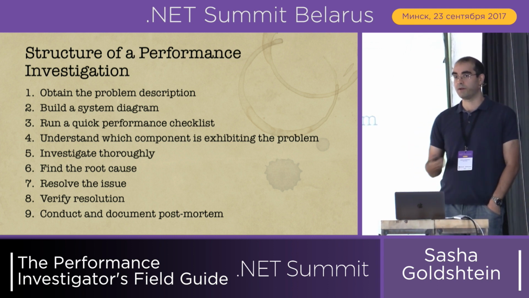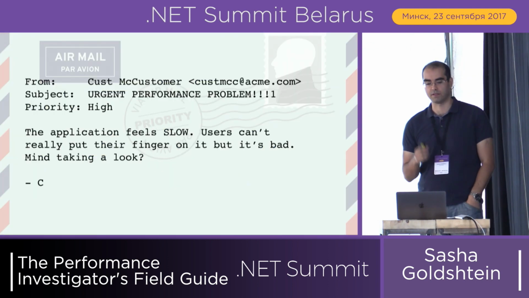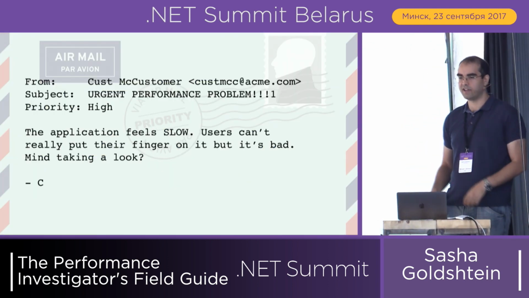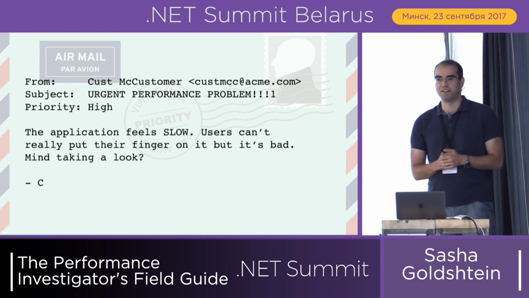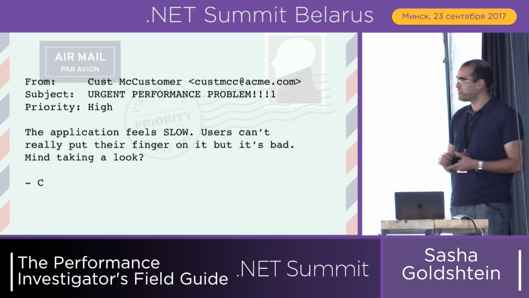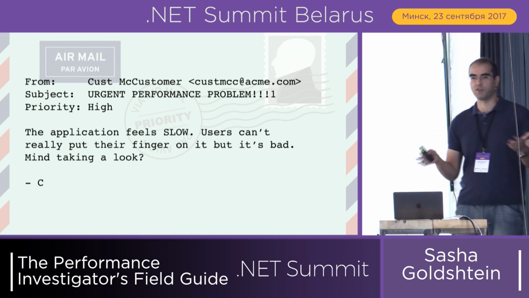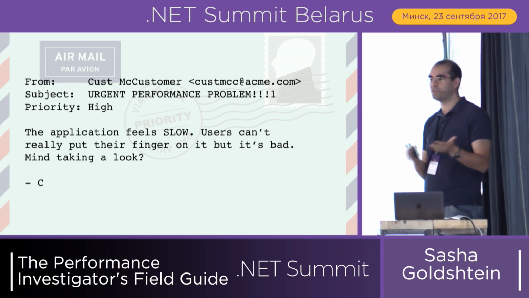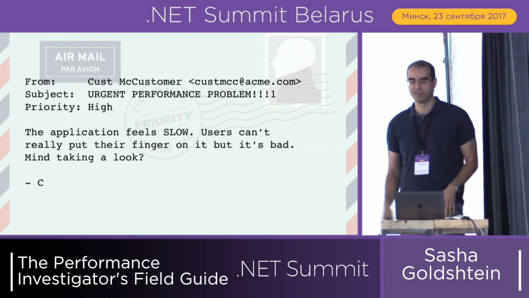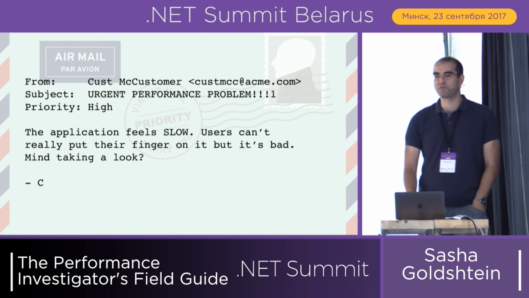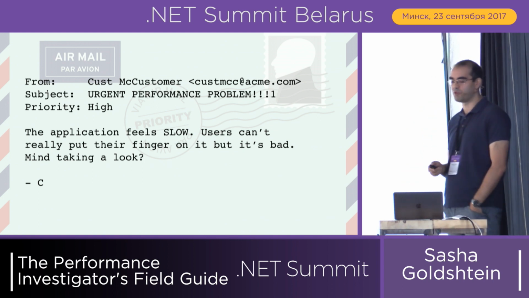So I'm going to talk about a couple of examples a little later. I'm going to start with some examples of problem descriptions, good and bad. Here's a typical problem description that I get a lot. The application feels slow. The users don't really know what's wrong, but it feels slow. So please solve the problem. It's hard to work with this kind of problem report.